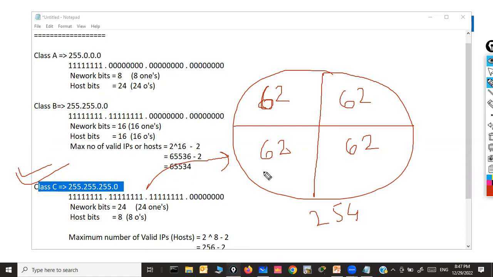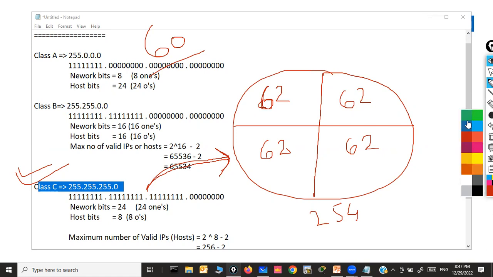So this way, let's say an organization's or company's requirement is to have maybe 60 public IPs. And if the service provider has already done this subnetting, a network is broken into four or maybe eight or 16 small networks, subnets, right? So this entire subnet can be provided to a customer.